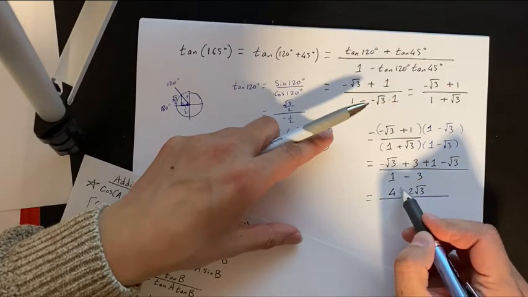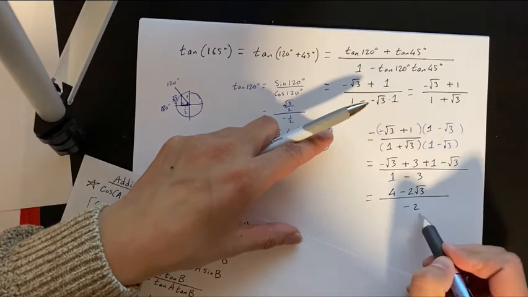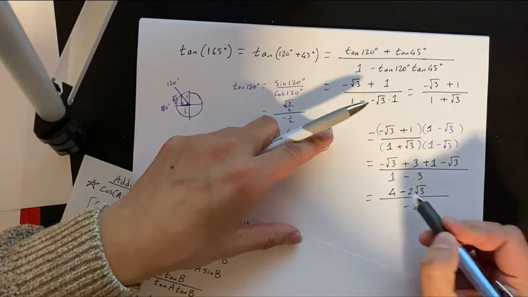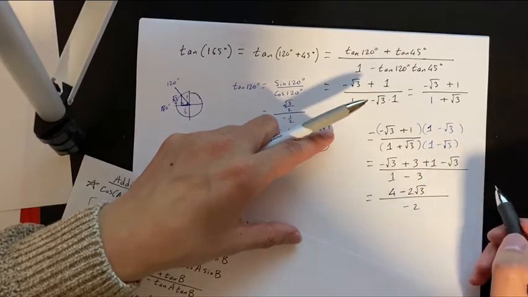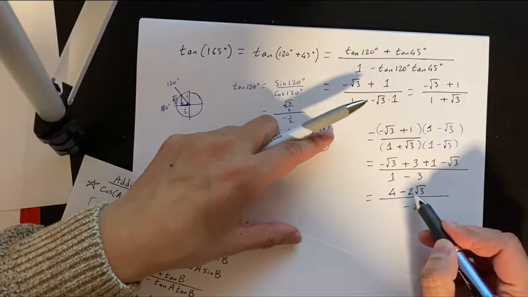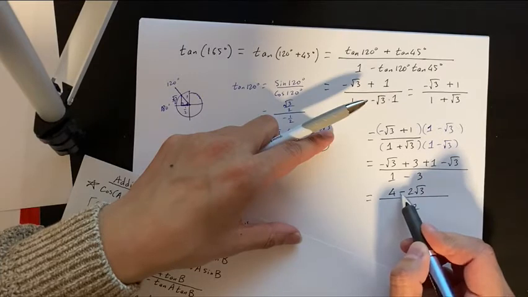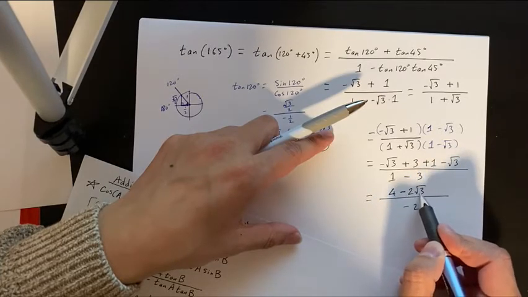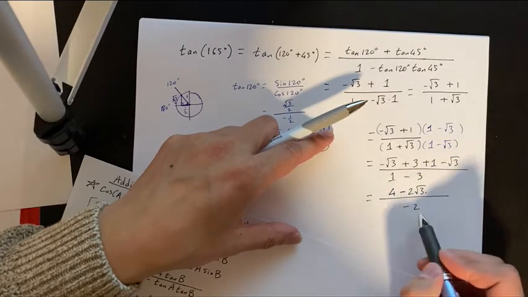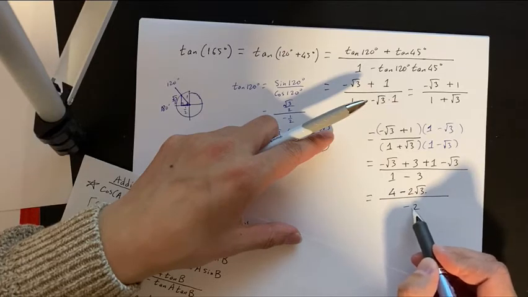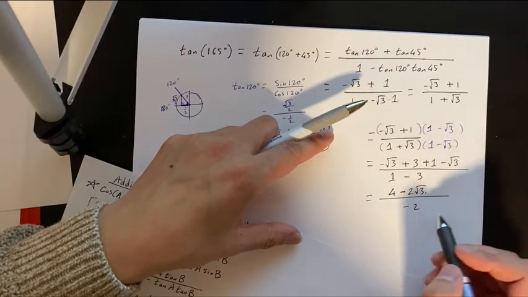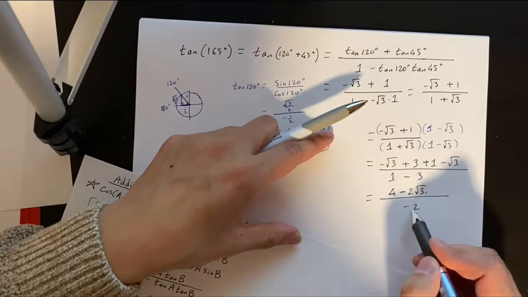If you just do that, that is very wrong. But it looks very tempting. You cannot cancel out that negative 2 because it's not really a negative 2, right? It's a subtraction: 4 minus the 2 times the root 3. The only way to really cancel out the 2 is to somehow make it a factor on both top and bottom.